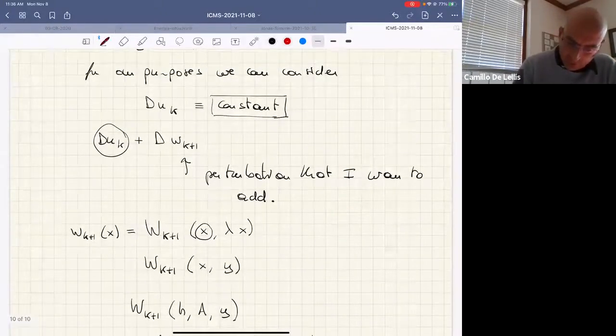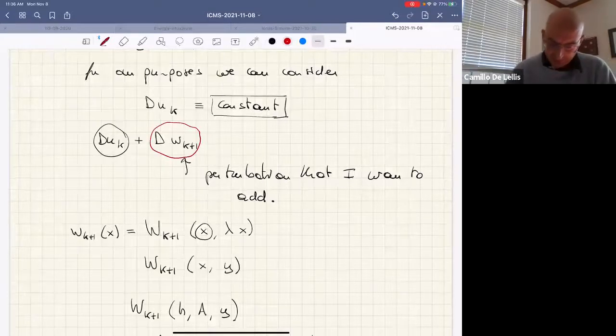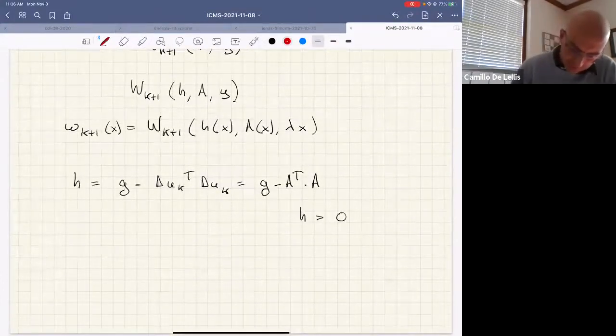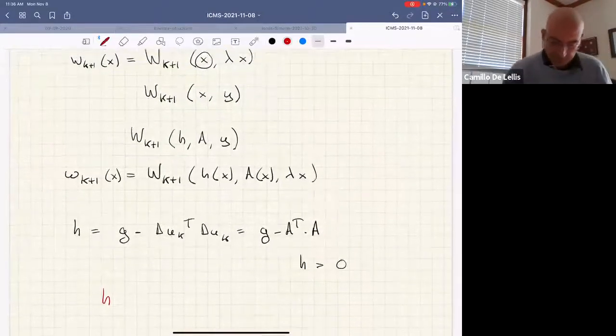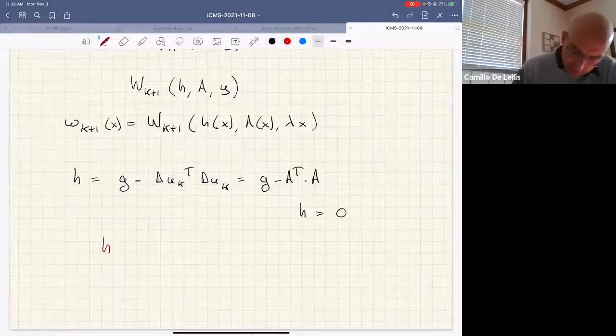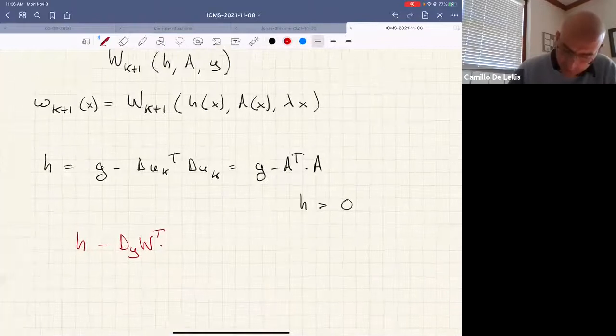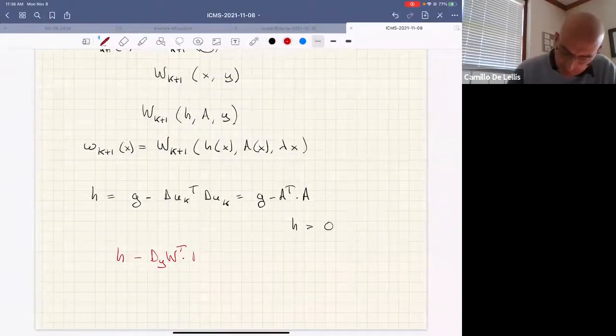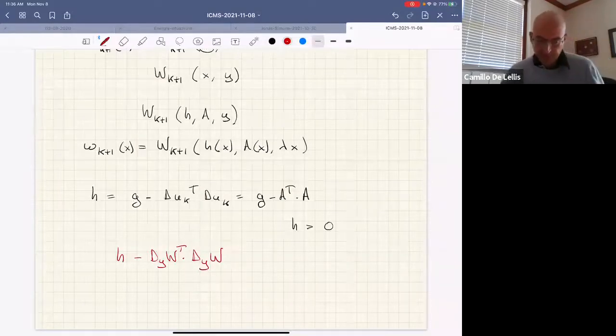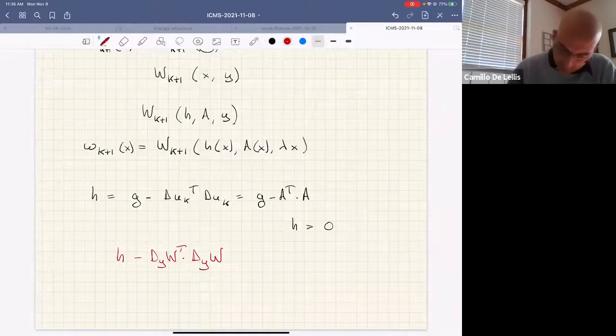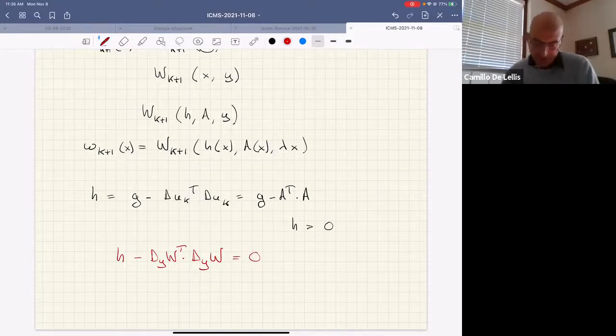I want to add this perturbation over here in such a way that I'm canceling that H, so that I get to G. So the thing that I want to do is find a solution of H minus dyw transpose times dyw equal to 0. And it only affects what I want to achieve.